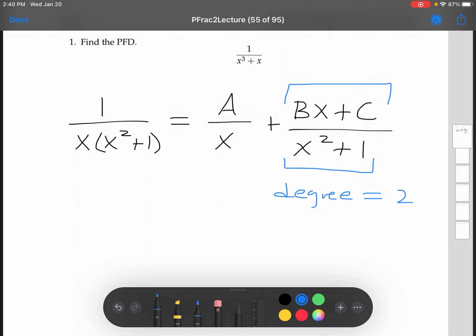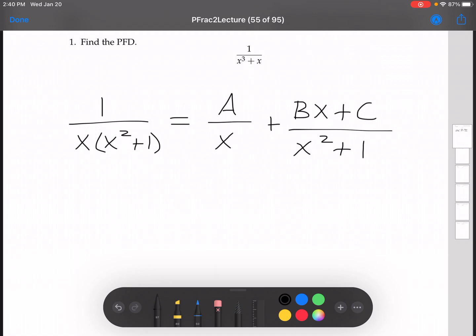So then the numerator is degree 1. And we want to have the most general possible form for the numerator. The most general possible degree 1 polynomial, which is some number b times x plus some number. That's c. So that's bx plus c. So that's how that goes there.